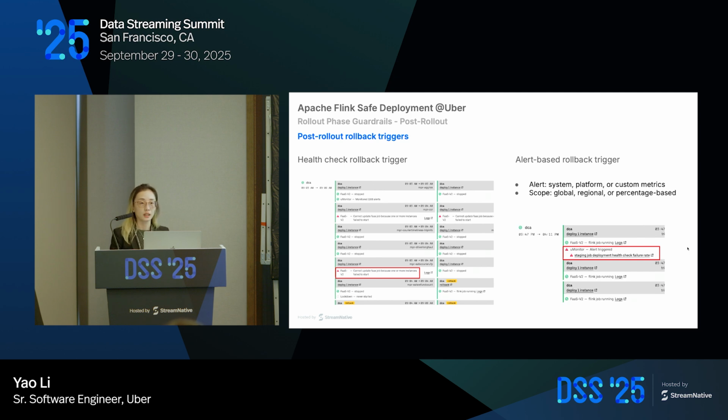So in this case, we tend to let the rollout continue unless a large number of jobs, say more than 10% or 20%, have a rollback signal generated. Otherwise we let the rollout continue, and after the rollout finishes, we let the on-call person or job owners take some manual actions to fix the failed jobs.